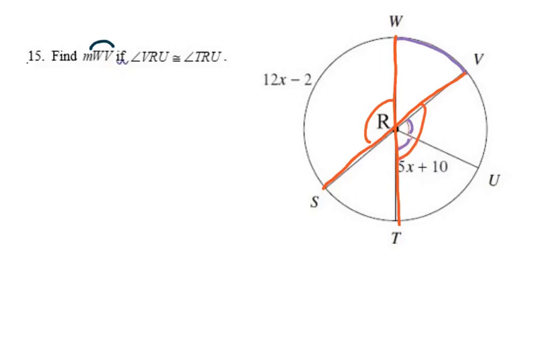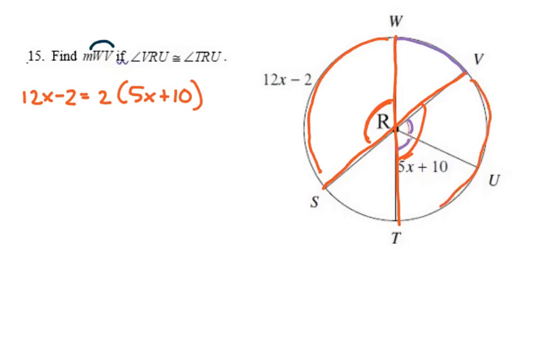So I can set up the equation that 12x minus 2 is equal to 2 times 5x plus 10. Because if these two given angles are congruent to each other because they're vertical, then their arcs must also be congruent to each other, because in central angles, the angle equals the arc.